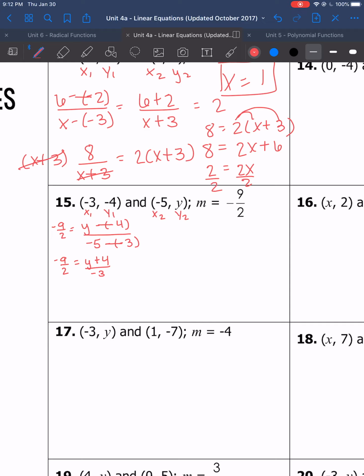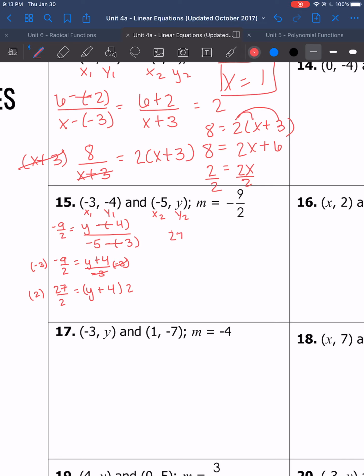So I'm going to take both sides and multiply by negative 3. That'll be a positive actually, negative 9, 9 times 3 is 27, so 27 over 2 equals y plus 4. 27 doesn't divide by 2 evenly, so I'm going to multiply both sides by 2. I'm going to have to distribute a 2, but that's okay.